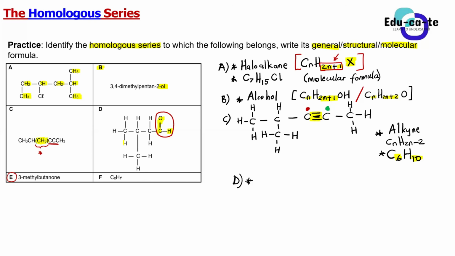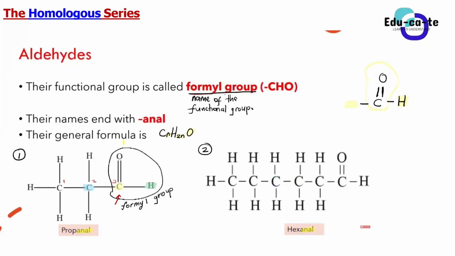Even if we go back to the slides that I used to explain aldehydes, I told you that whenever you see a carbon atom that is double bonded to an oxygen atom and that carbon is single bonded to a hydrogen, then you can say that is the functional group for aldehydes.